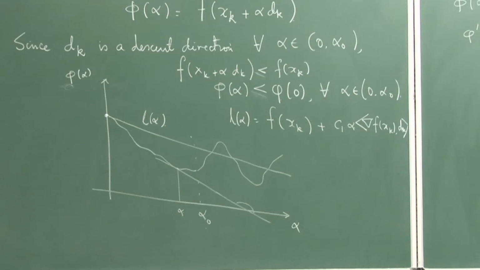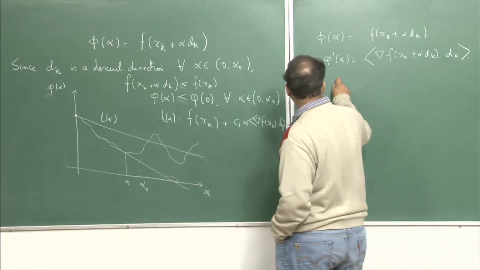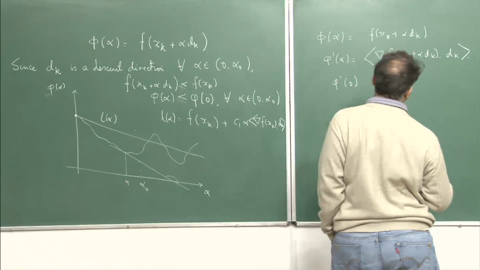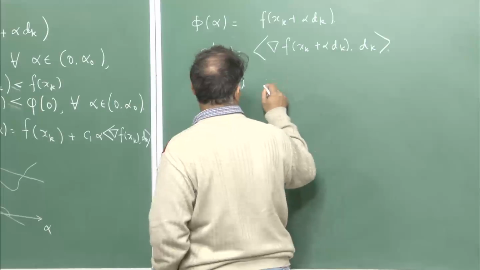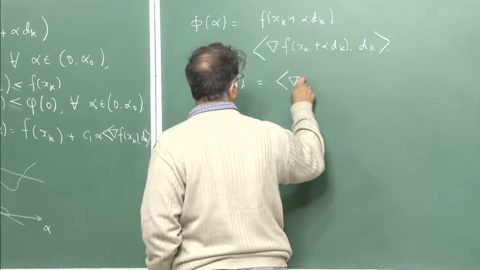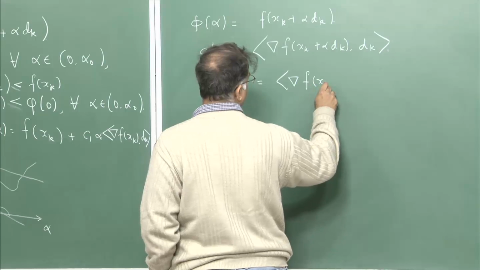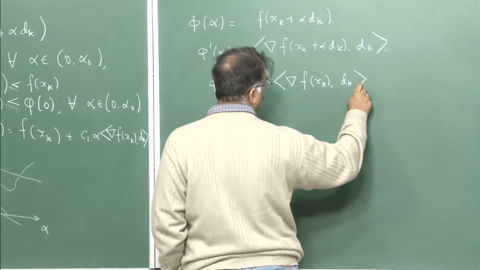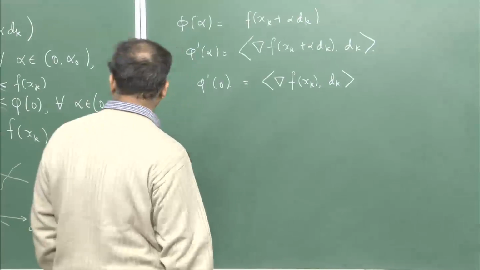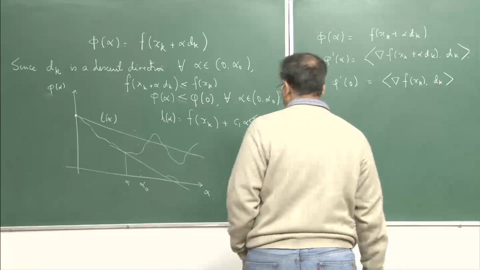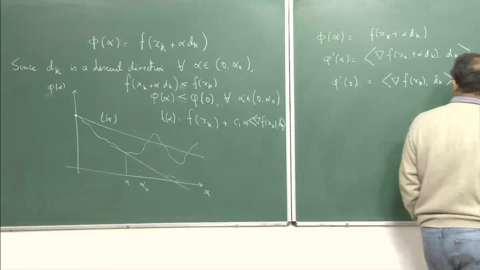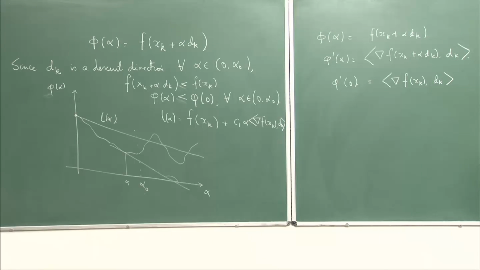Now what happens is that if you look at phi dash 0, then phi dash 0 is nothing but grad of f xk times dk.